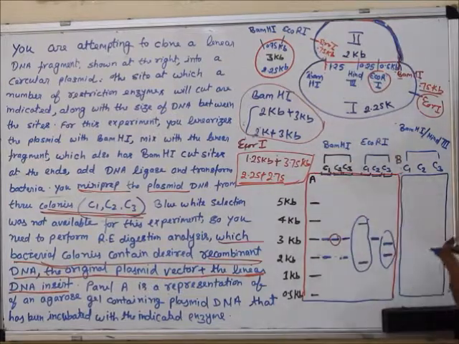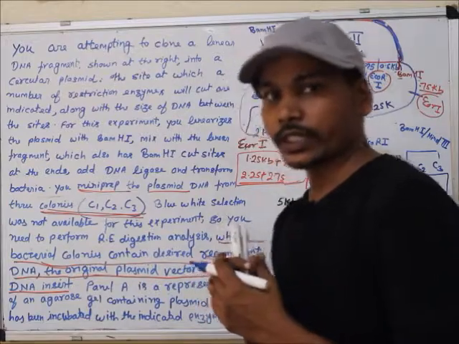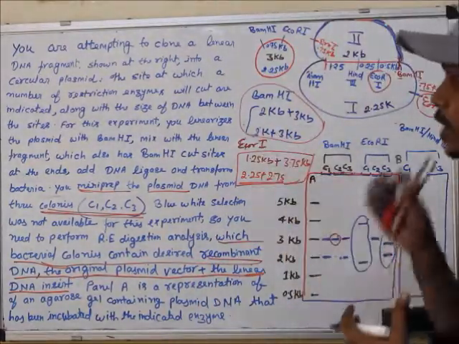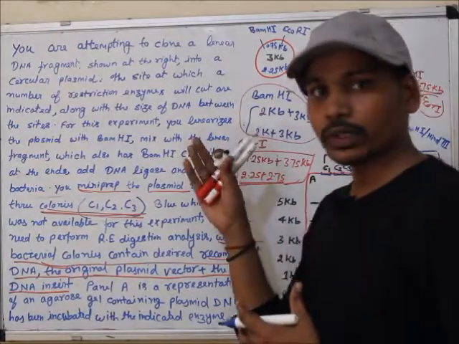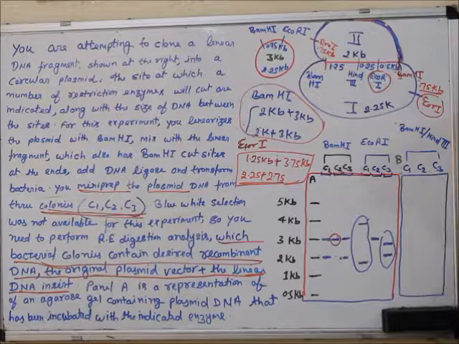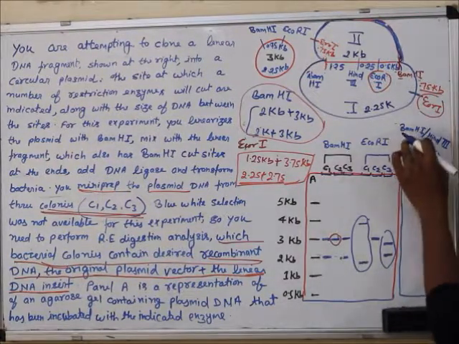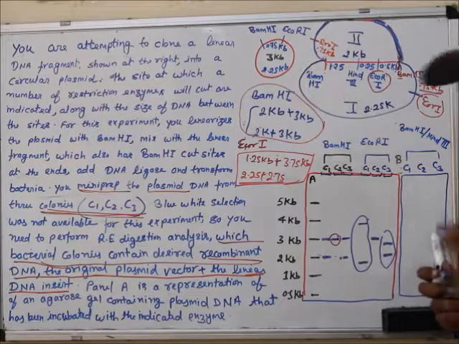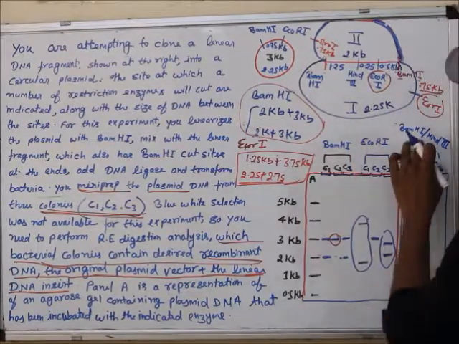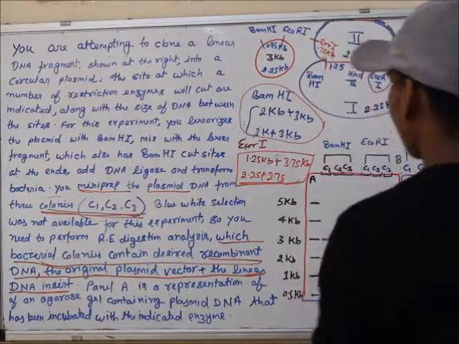This question was sent by a US student, and I have solved it and am displaying it for you. So for C1, C2 and C3, with BamHI and HindIII digestions, you need to work out what bands would be obtained.